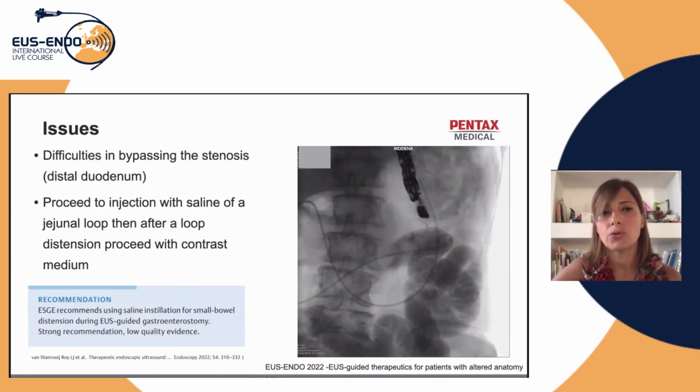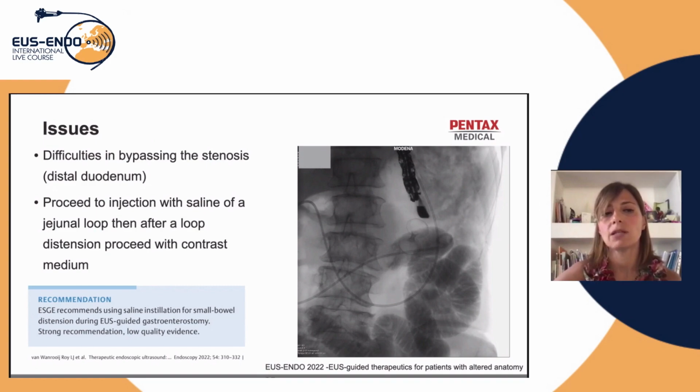There are many issues about the difficulty in bypassing the stenosis, because sometimes in the third duodenum, if the stricture is long, it is not so easy to bypass the stenosis and put a catheter across it. And the problem is the distension of the jejunum, because sometimes the target is not so big as when we are using the gallbladder or a pseudocyst, and so it is not so easy to release the LAMS.